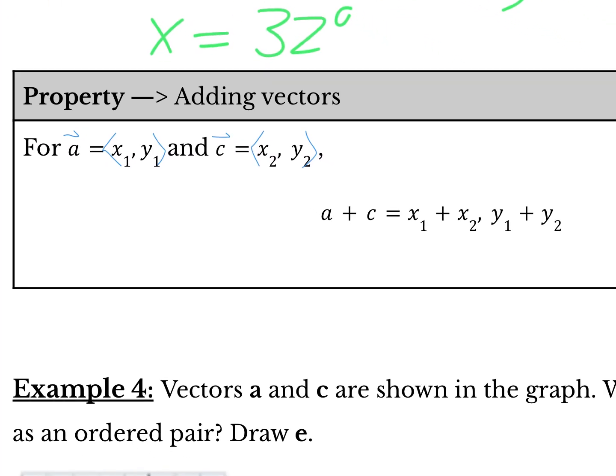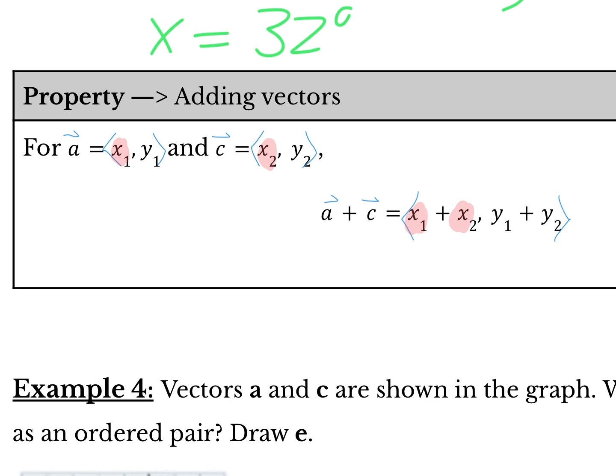If I want to add two vectors, vector A plus vector C, we can compute that by doing this. We're going to take both of the x values, so I'll do some highlighting here. My x values are red, and our new x value from adding these two vectors is just adding both x values.